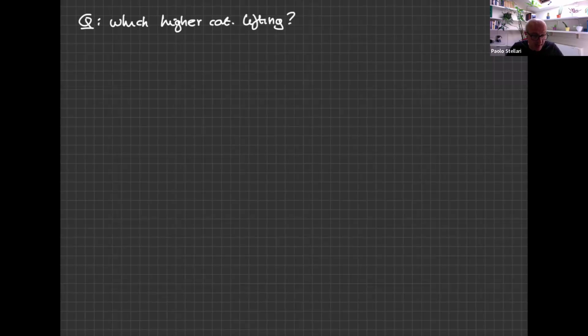And the key point is that I can take a different perspective. So first of all, the first try is given by DG categories. Of course, if I want to enhance a triangulated category, I would like to take pre-triangulated ones.